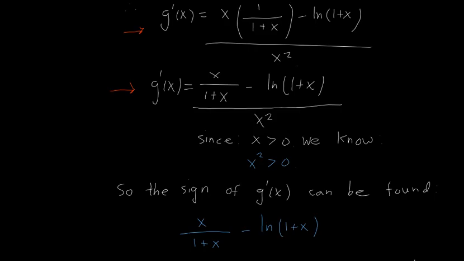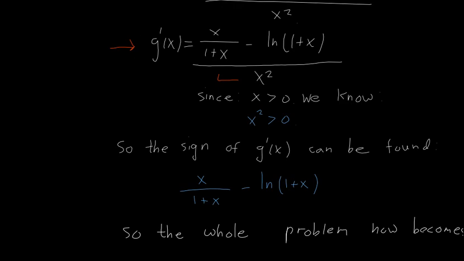Right? Just cleaning up and simplifying. All right, so that's what we get. And since x has to be strictly greater than 0, that's what the problem told us, then we also know that x squared has to be strictly greater than 0 because it's in the denominator of our quotient. Okay, so that's what we have.